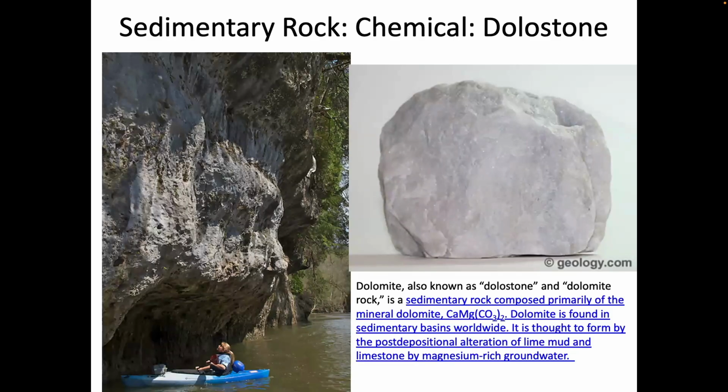So there's alteration afterward of the lime mud and the limestone by magnesium-rich groundwater. That is thought to actually create Dolostone. But it starts out as limestone, or as limey mud, and then it's transformed into Dolostone later. That's why they have a high degree of similarity.